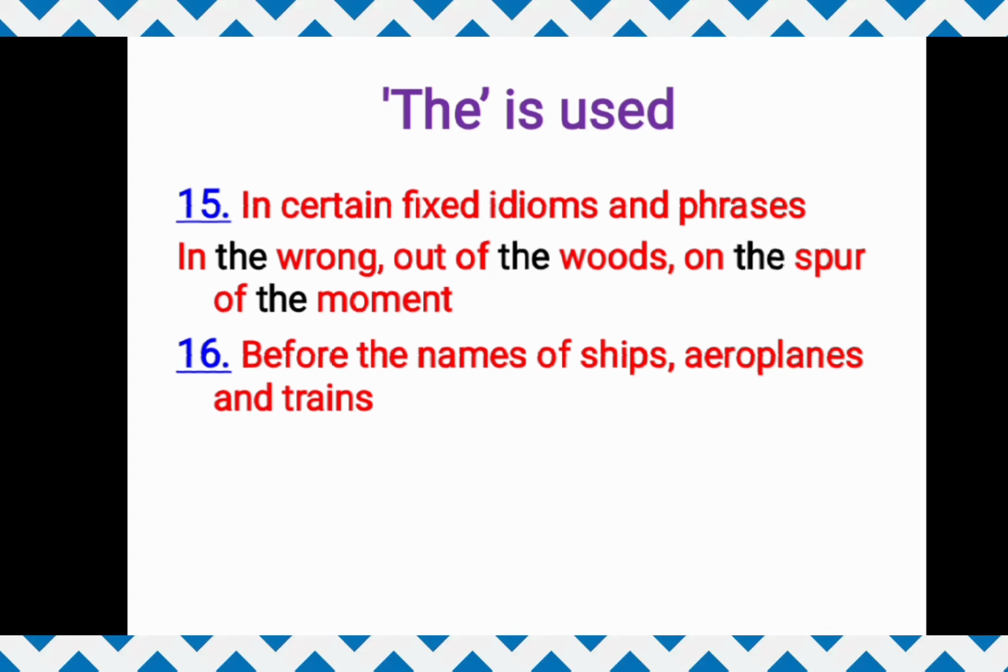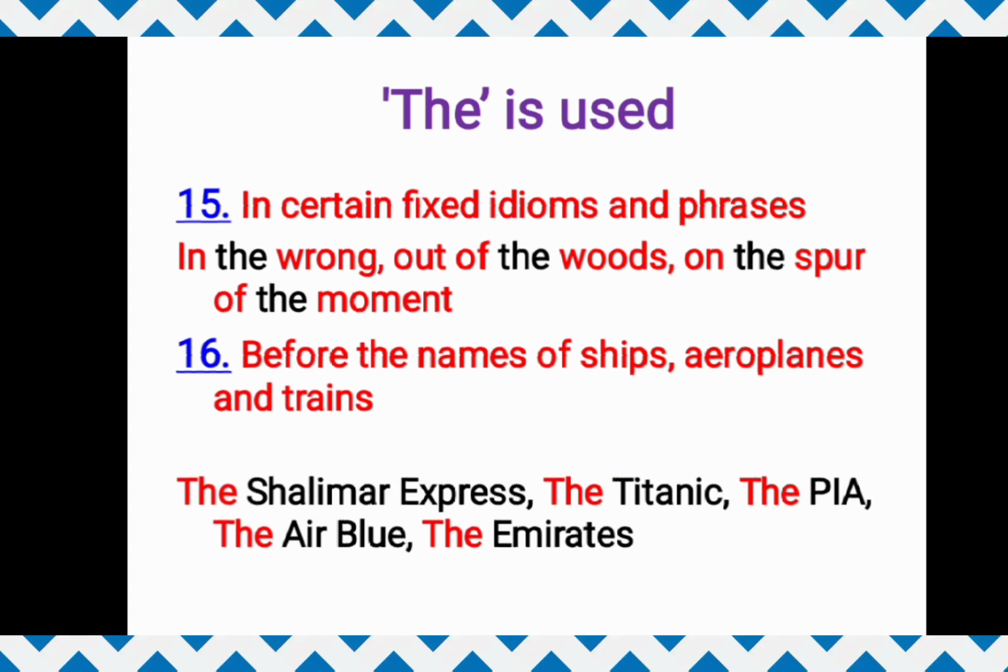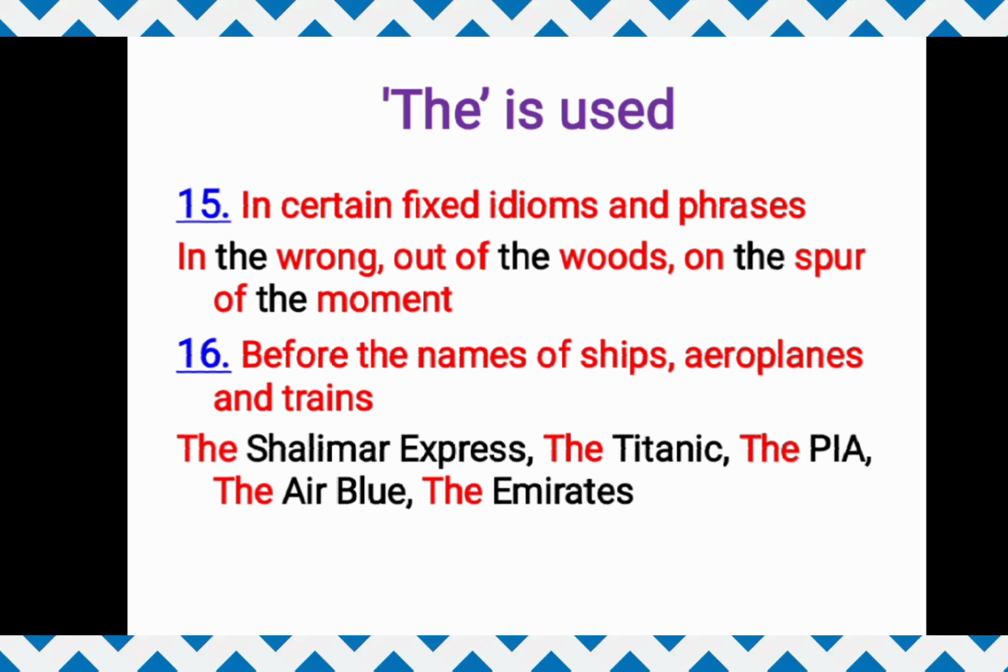That is the use and rule number 16 of the definite article the. The is used before the names of ships, aeroplanes and trains. Like the examples: the Shalimar Express, the Titanic, the PIA, the Air Blue, the Emirates.